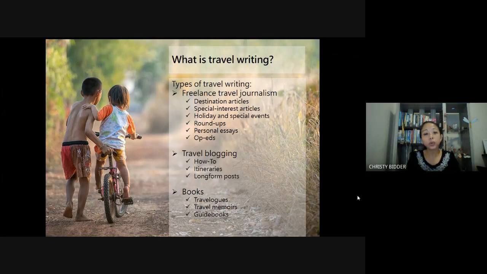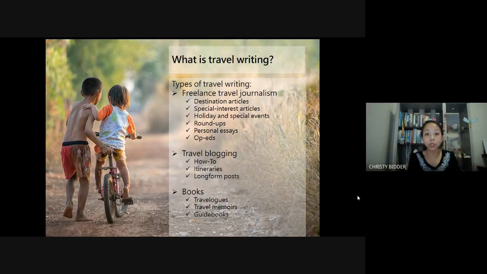But when you become a full-time writer for a certain publisher, say Lonely Planet, then your freedom is less in terms of what you can write, how much you can write, the topic that you can write, and so on. Now, let's quickly go through the different types of travel stories under each of the categories.